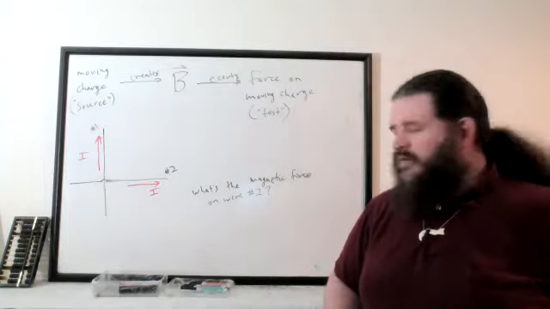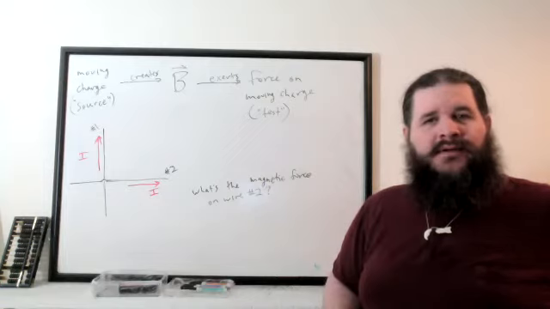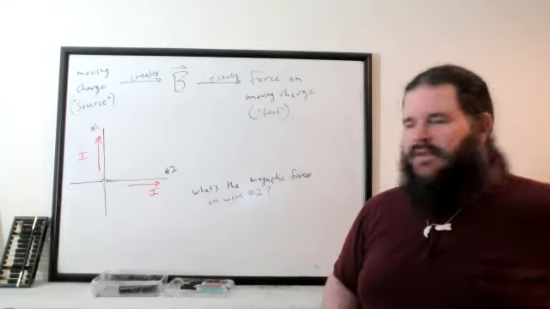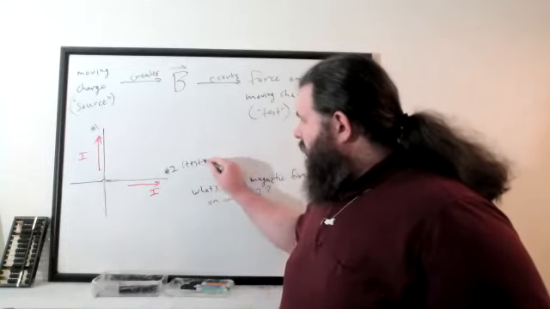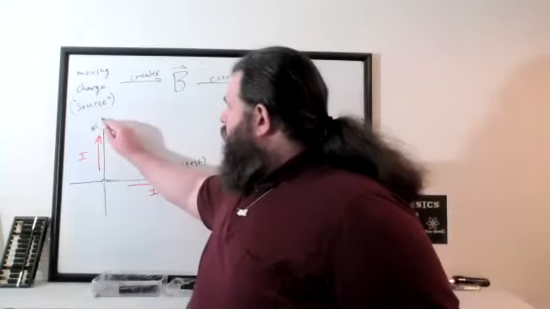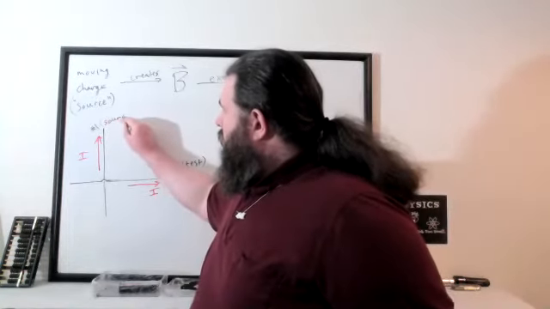If we want to know the force acting on wire number 2, is that the test? Yeah. So we're going to treat wire number 2, temporarily at least, as the test object, the test current. And we're going to treat wire number 1 as the source current.